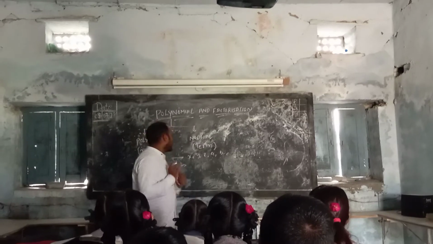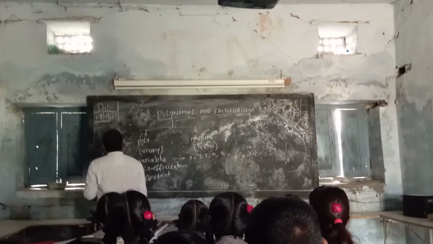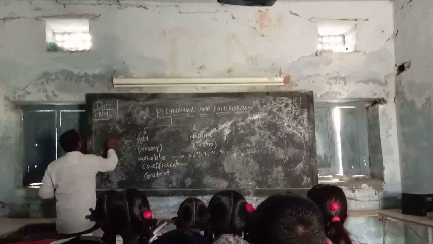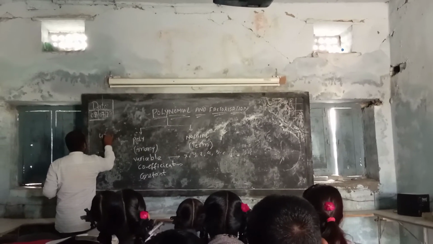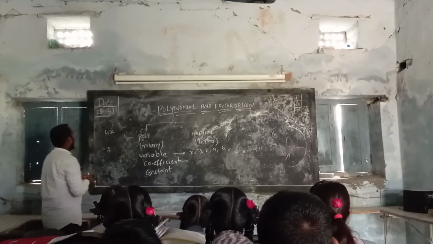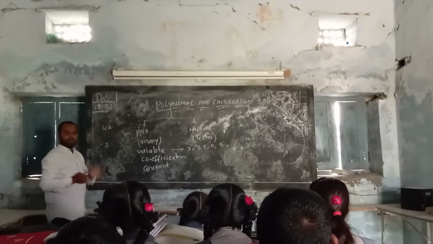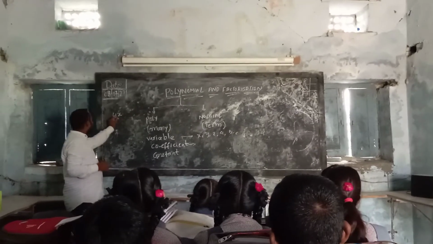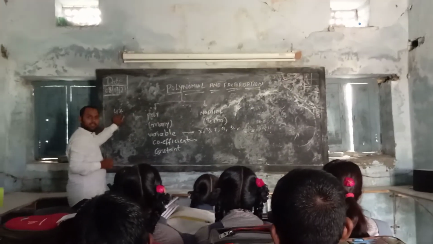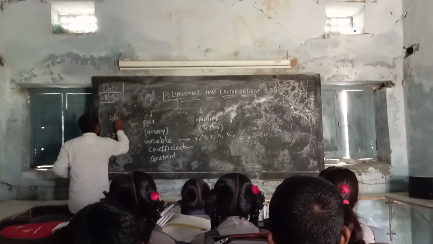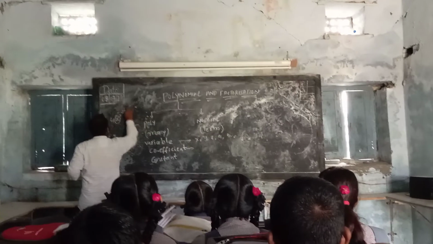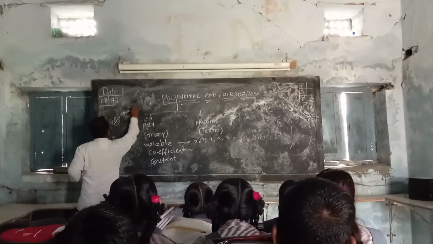Let us see, if I write 4x, now this x is alphabetic, so this is called a variable.